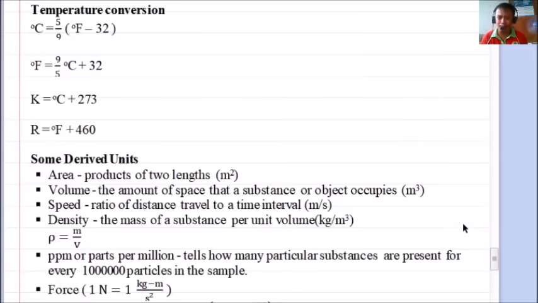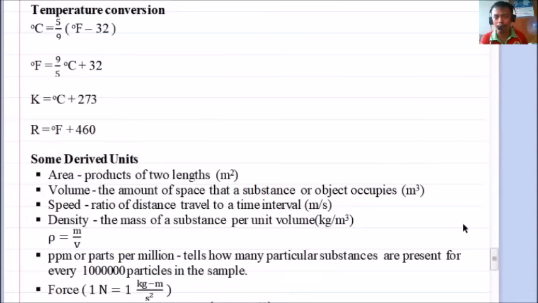So, of course, alam natin na we have the different temperatures like yung sa boiling of water, 100 degrees Celsius. Pagdating sa Fahrenheit, that is 212. At dahil meron tayong 273, pagdating po kay Celsius papuntang Kelvin, 100 plus 273, you will have 373.